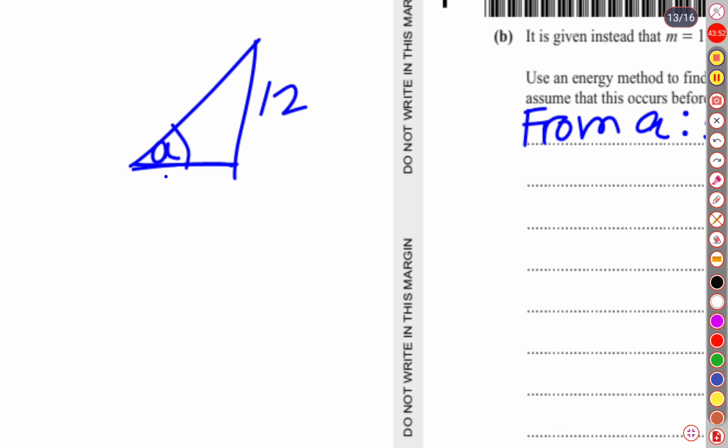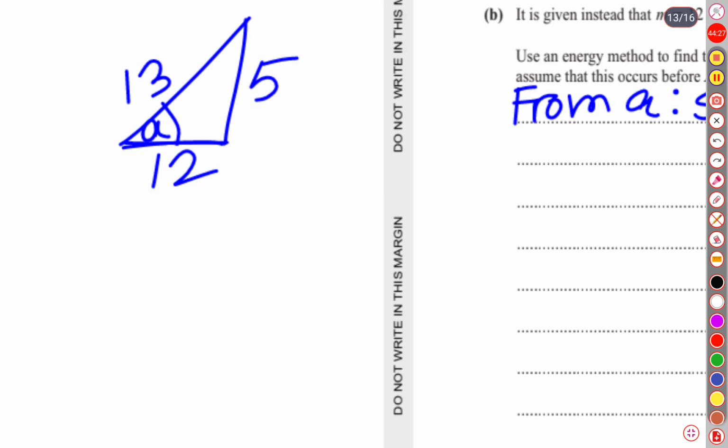Sorry, it was tan alpha actually 5 over 12. So 5 over 12, and definitely the hypotenuse is 13. So it is going to be 5 squared plus 12 squared, by the Pythagoras theorem.